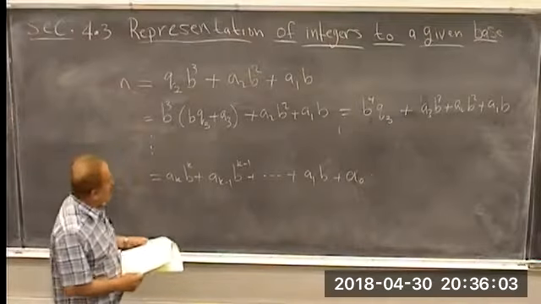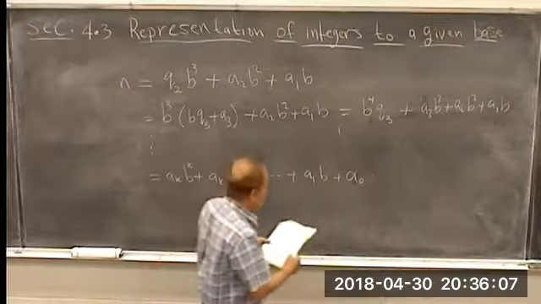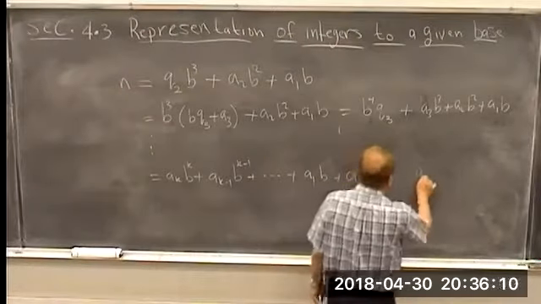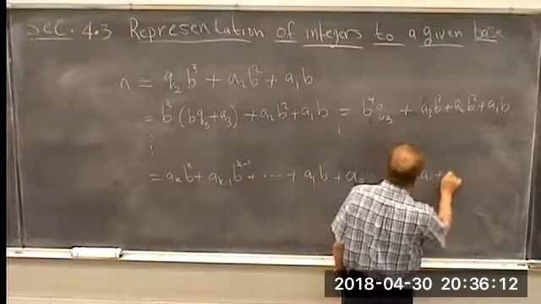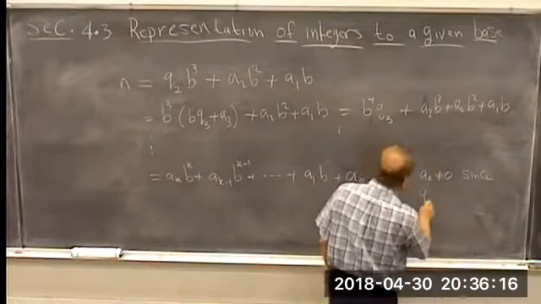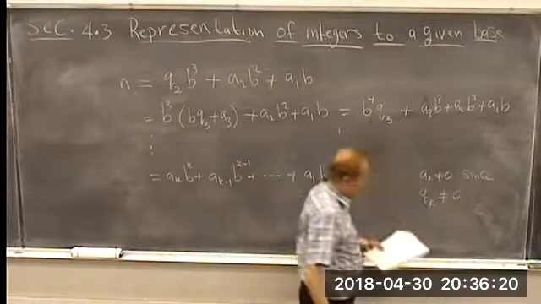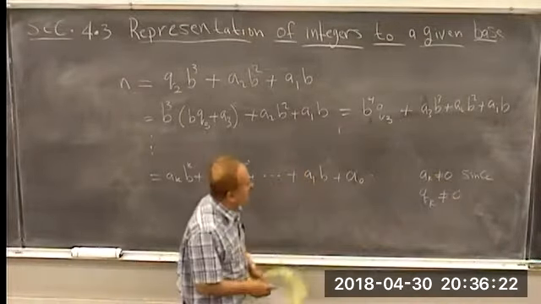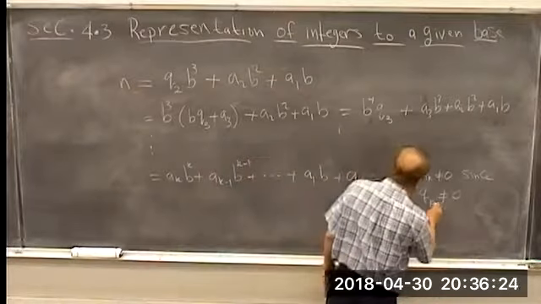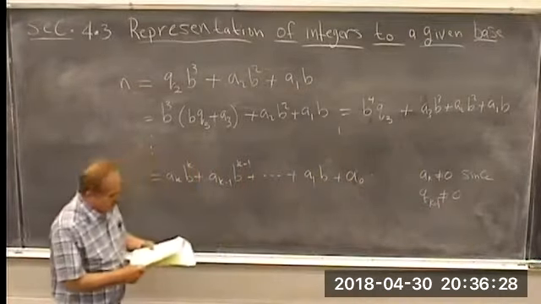The reason that A sub K does not equal 0 is that Q sub K minus 1 does not equal 0.